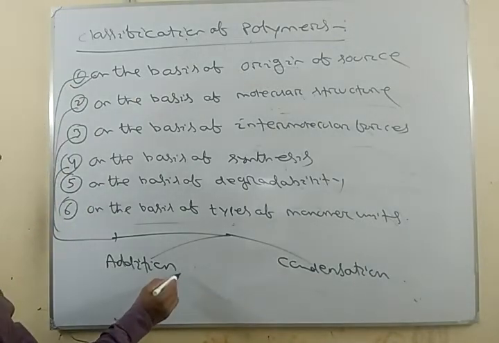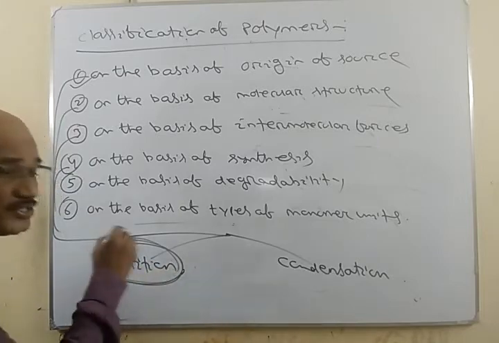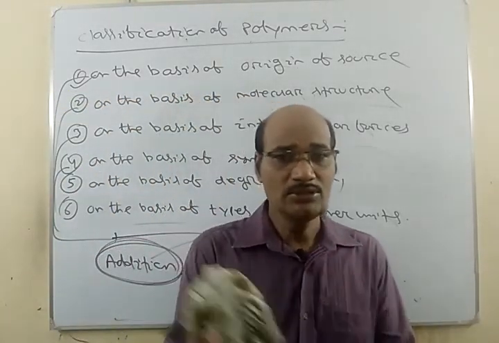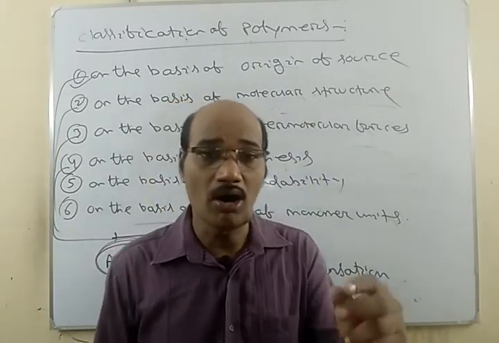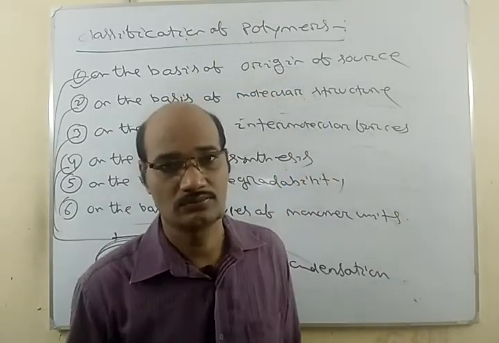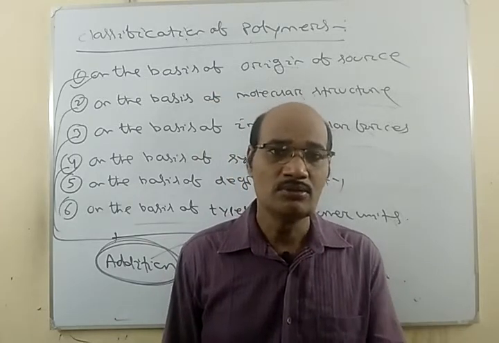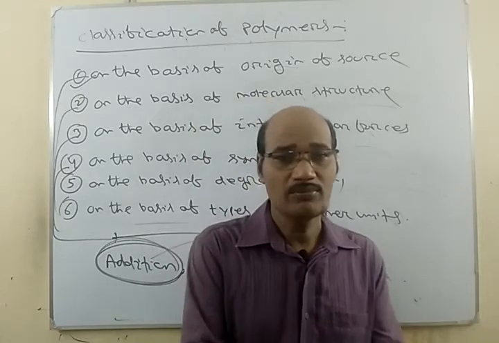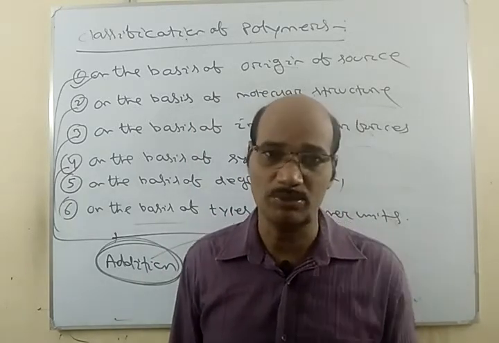So addition polymers are those which are formed by adding a large number of monomer units which are unsaturated in nature to get the polymer. Okay, so when a number of monomers which are unsaturated in nature are added, we get the polymer. That is called an addition polymer.